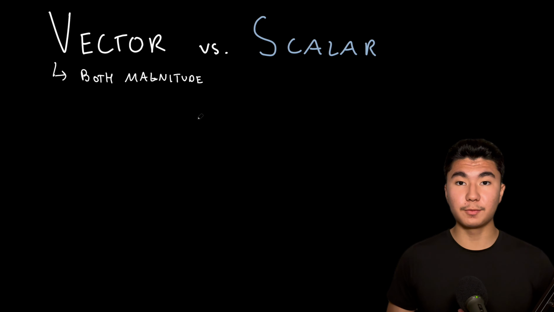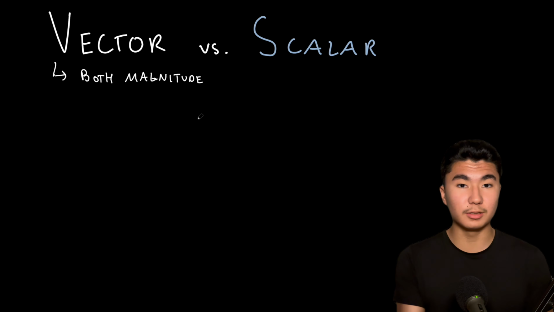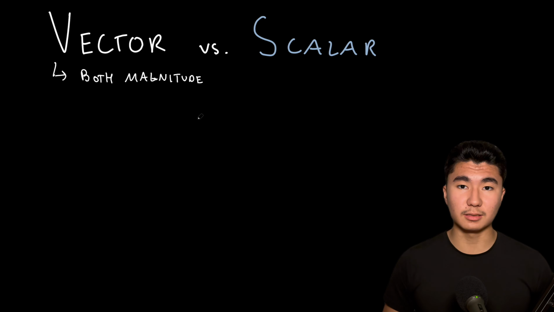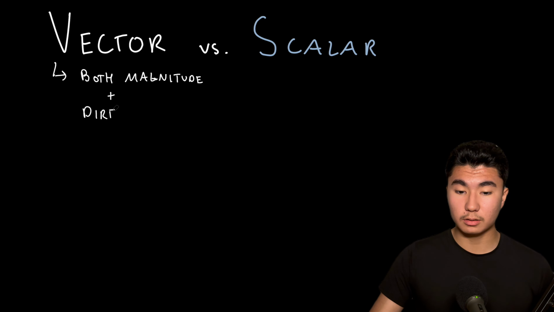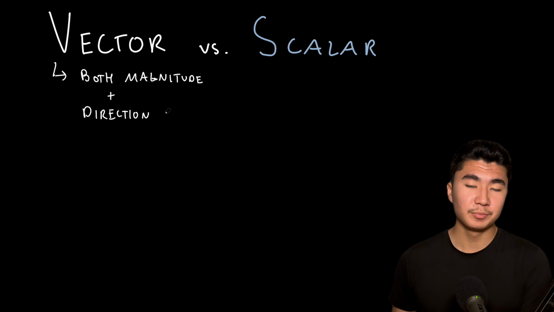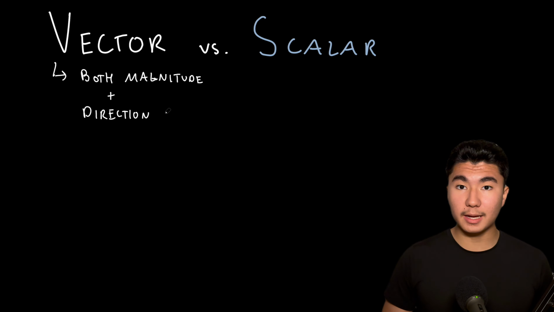For example, if we were talking about velocity, which is a vector, a magnitude of that would be 3 meters per second. So it's that number that we're talking about, and that's the magnitude. Now it's going to have magnitude and direction. And this is what makes vectors very special, because they have magnitude and direction.